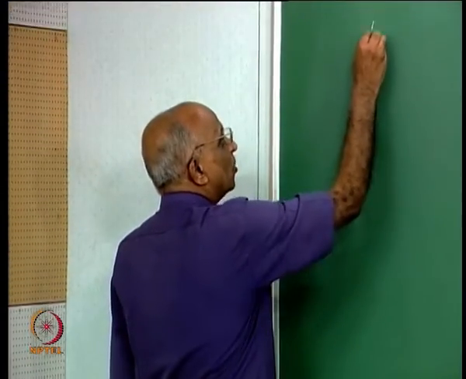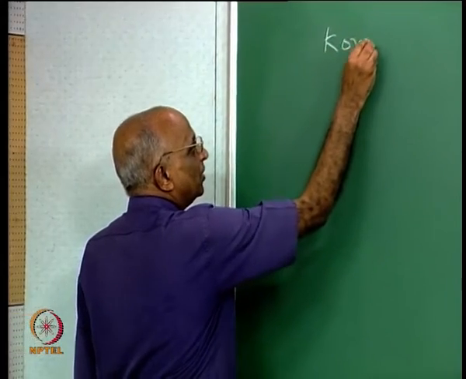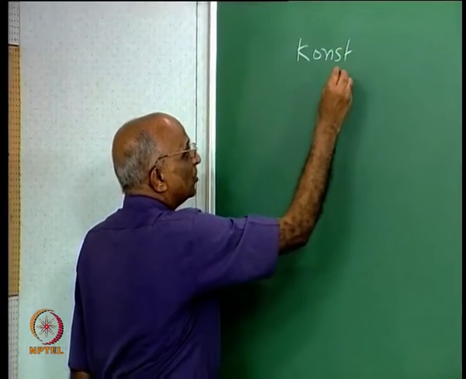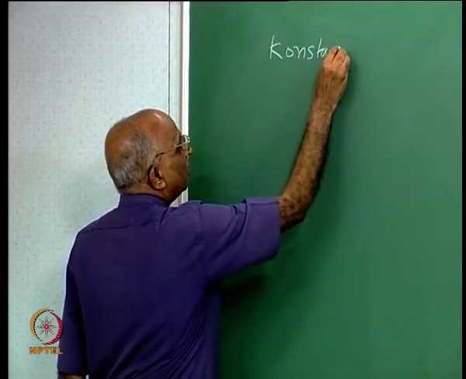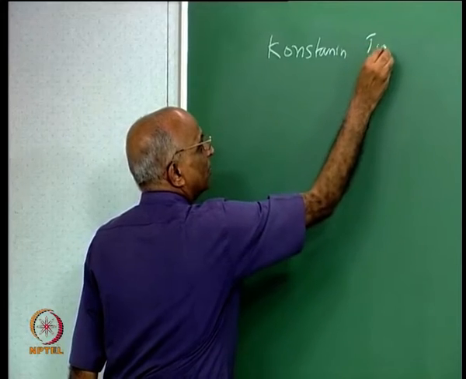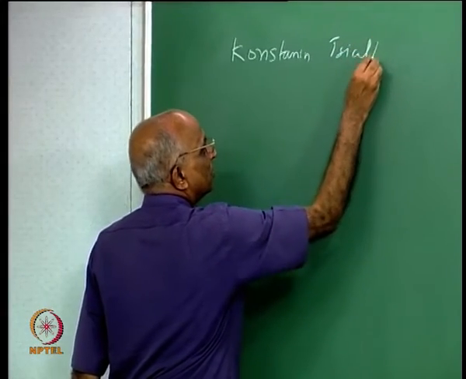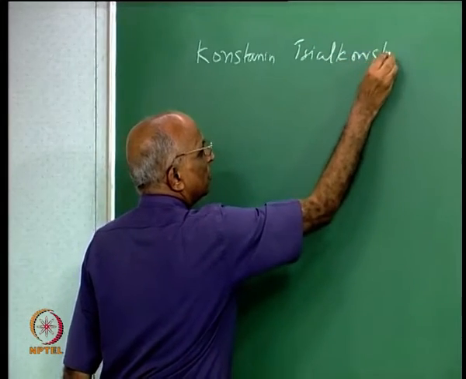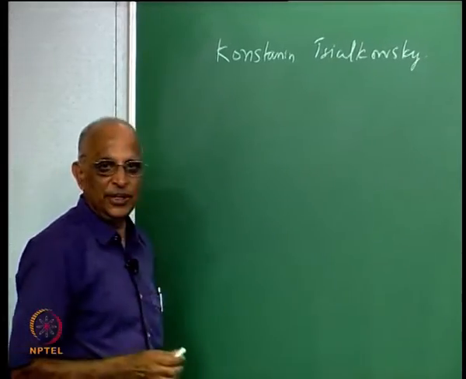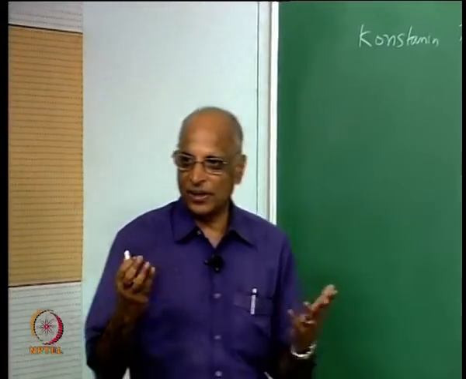We talked in terms of the Russian school teacher. We said it's Konstantin Tsiolkovsky. We told ourselves he derived the rocket equation, and we derived it in class.